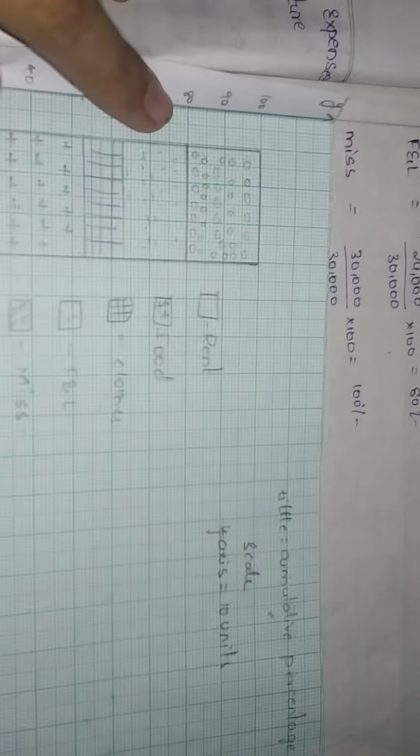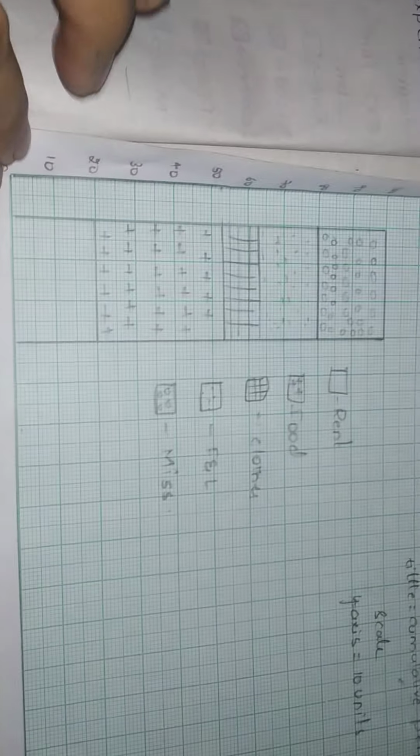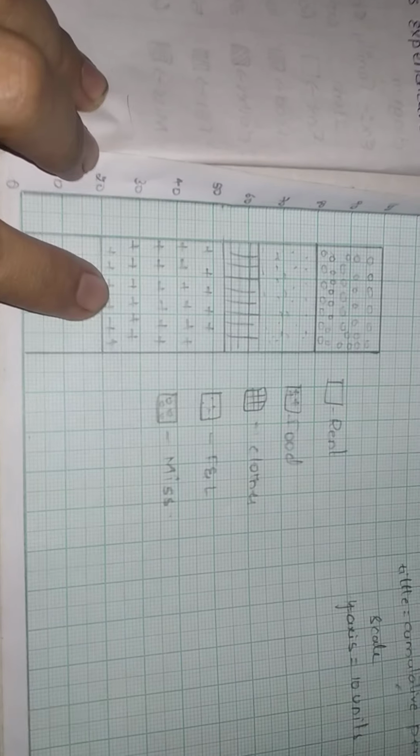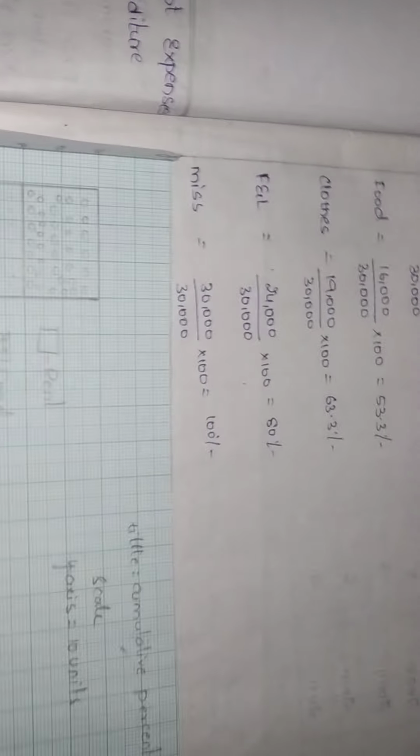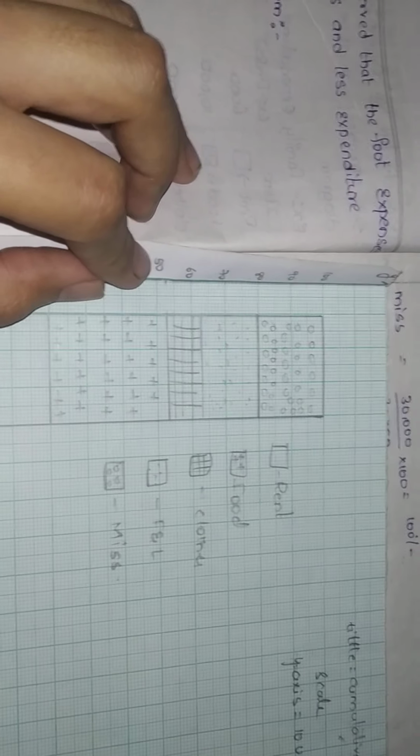Then after that, for the title, what is the title? Cumulative percentage bar diagram. Then for this, first you will make a graph from here to 20, because you got the first value as 20. Then from here to 53. Then next 63.